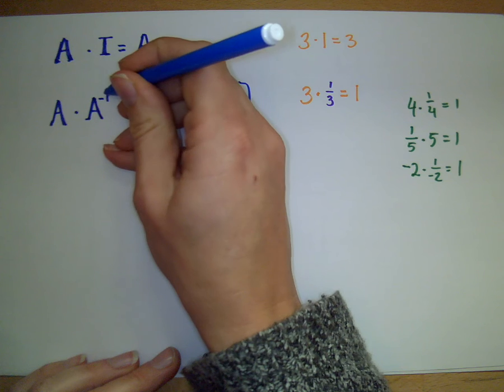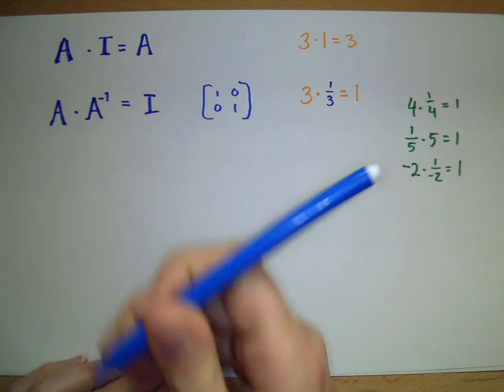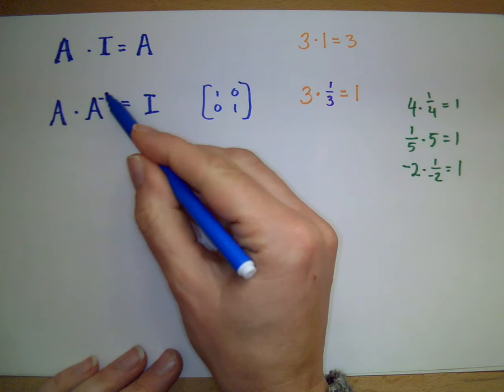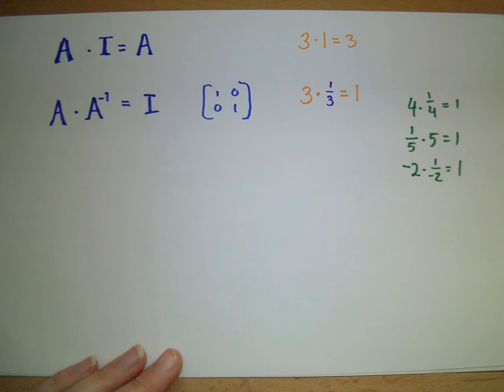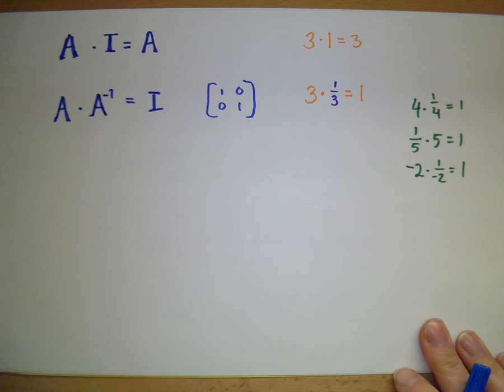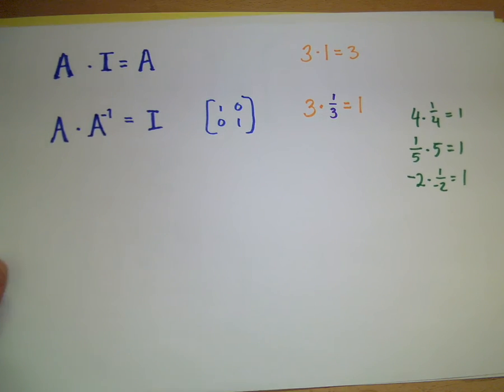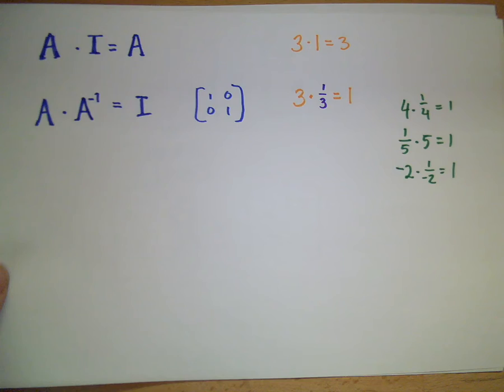You just have to remember A to the power of -1 means the inverse of matrix A. Okay, I'm going to show you how to find the inverse of a matrix.